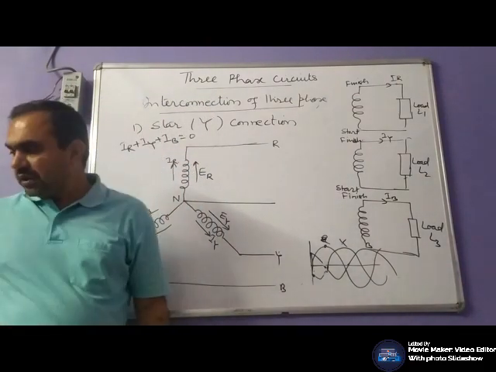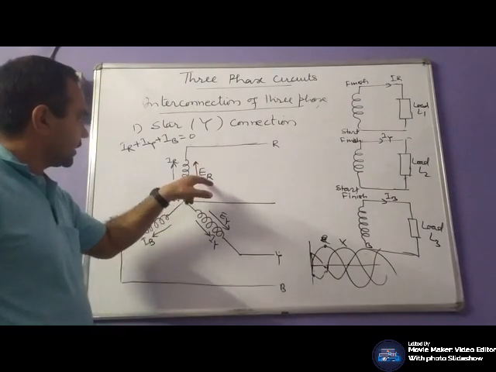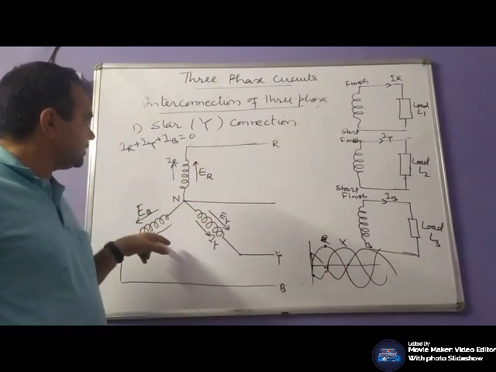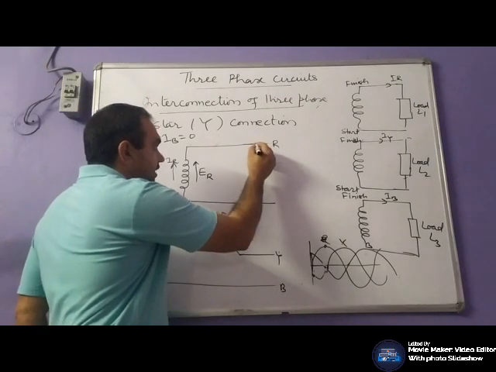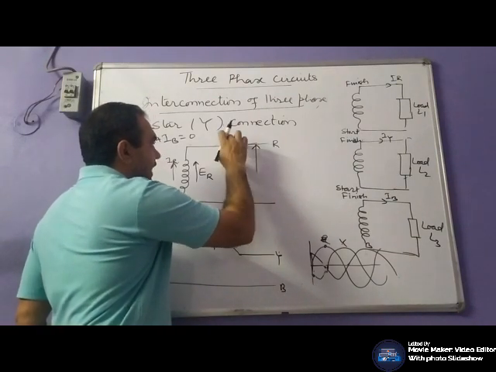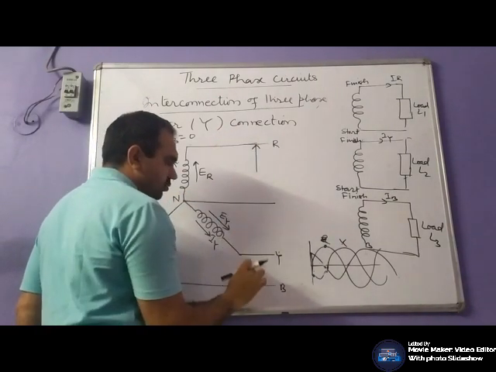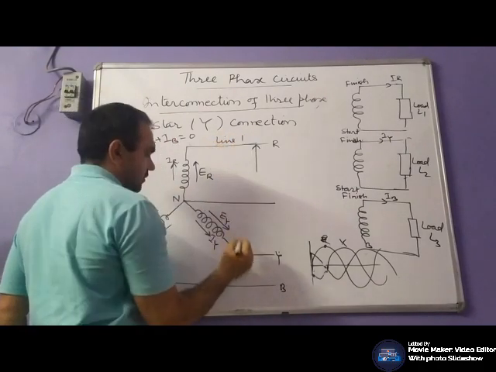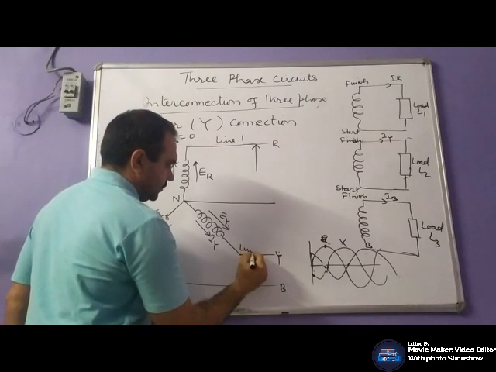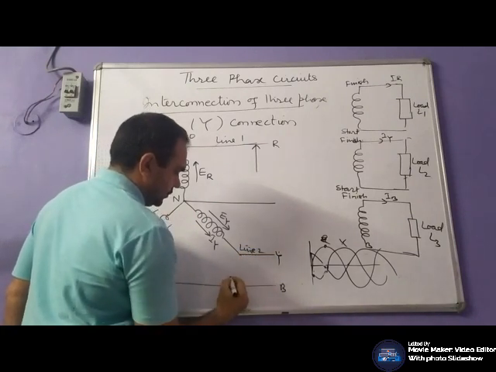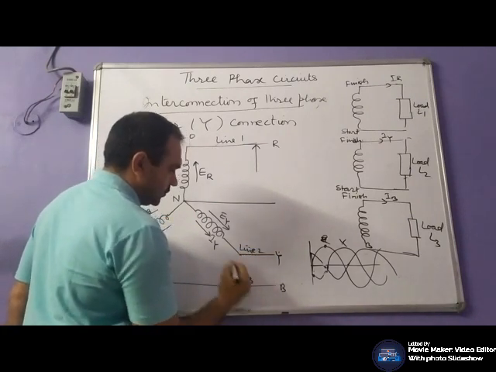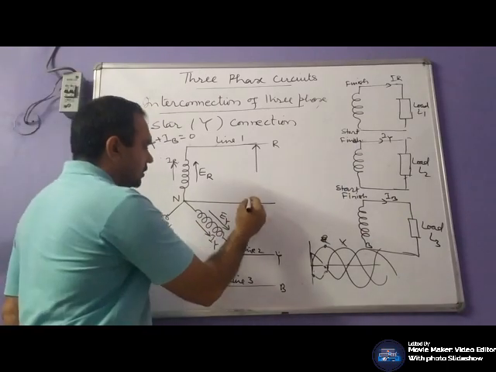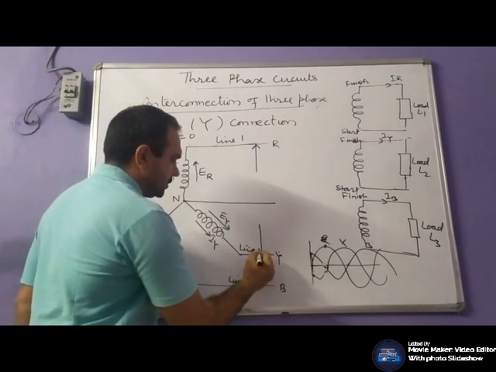Now, here these are the phase voltages, and the voltage between two lines, this is line 1, line 2 and line 3, would be equal to the line voltage.